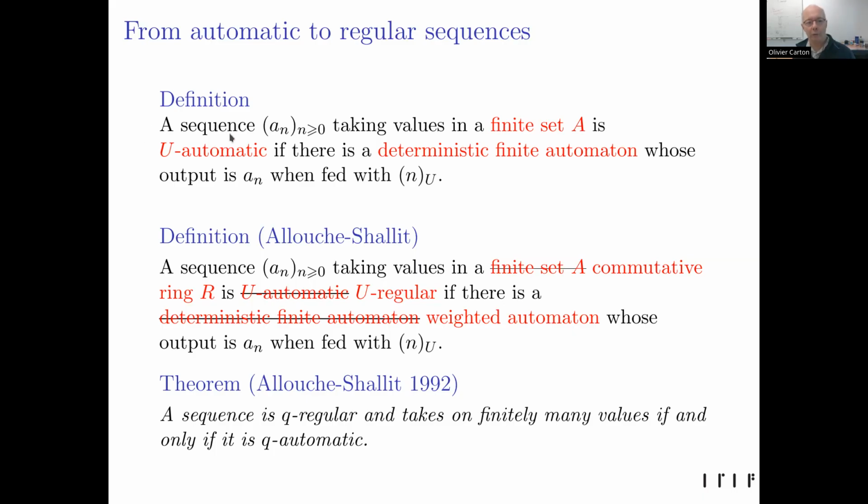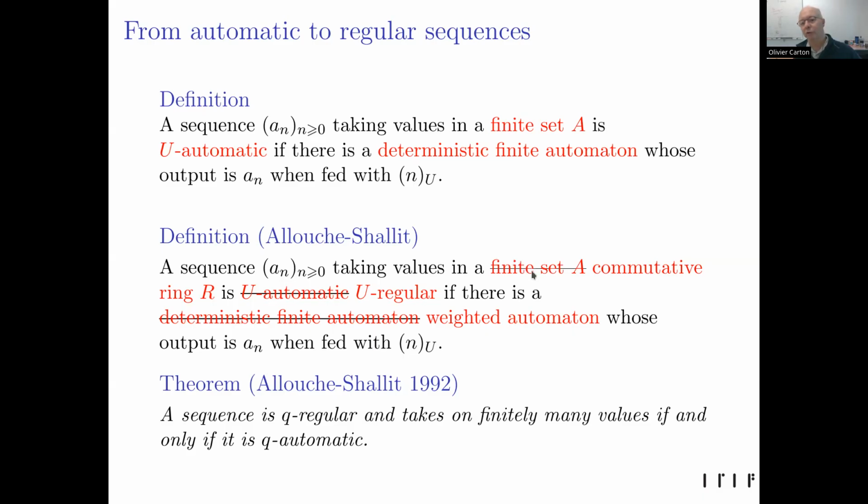So I recall the definition of U-automatic: a sequence is U-automatic if and only if it can be computed with a deterministic finite automaton. And now the notion of U-regular. We don't need the sequence to take values in a finite field.